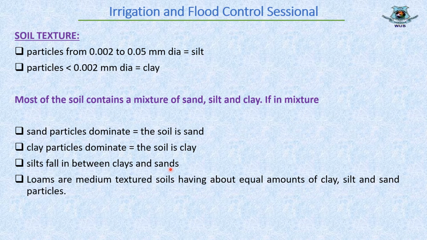That means it will be smaller than sand but greater than clay. Here we can clearly see the dimensions of silt particles, which are greater than clay but smaller than sand. Loams are medium texture soils having about equal amounts of clay, silt and sand particles. That means if silt, clay and sand particles are in equal proportion in soil, we will call the soil loam.